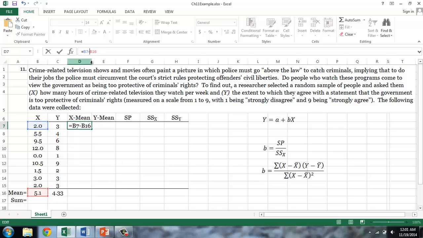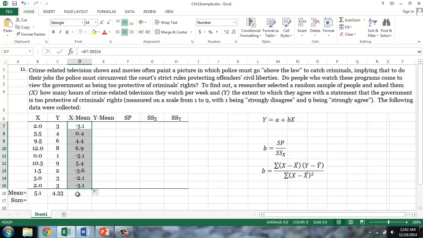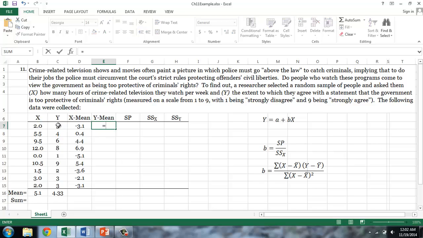And I'll place dollar signs before the b and the 16 to tell Excel to not move from the cell containing the mean. I can then copy this cell into the remaining cells. I will then do a similar thing for the y deviations, which is equal to y minus the mean of y.